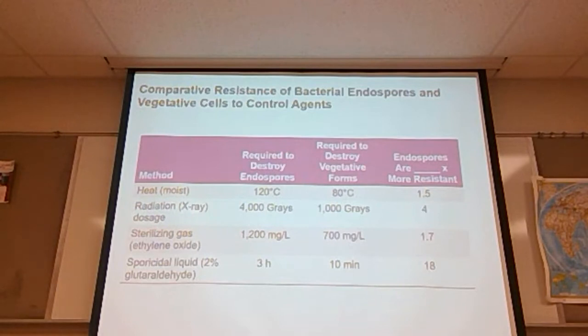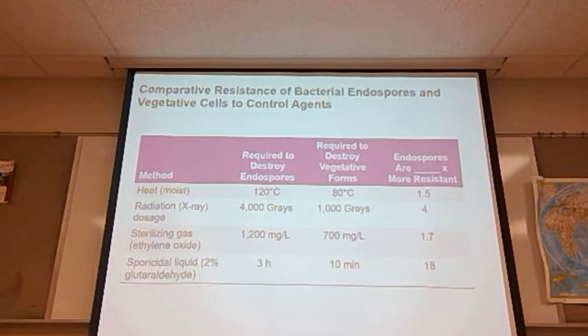Radiation, the dose of X-ray that may be required. Again, don't worry about remembering the units of grays. Simply remember that for radiation, endospores are about 4 times more resistant. So 4,000 of these units as opposed to 1,000.